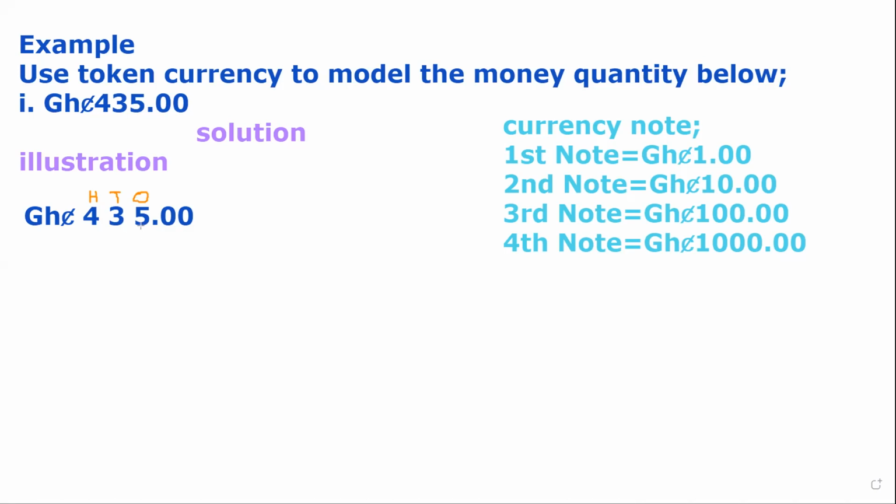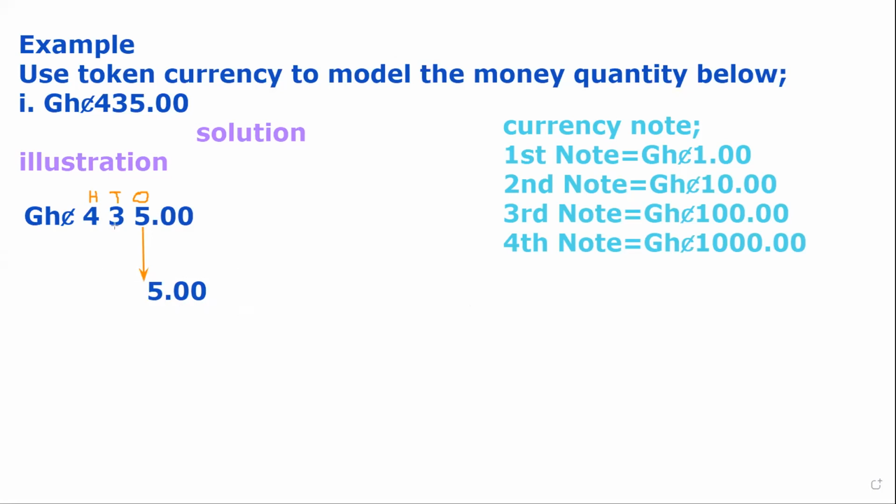And the place value is the position where this number has been placed. So looking at the 5 here, it has been placed at the ones position. So the real value will be 5, the face value, times the place value, which is 1. So 5 times 1 will be 5 cedis. That is the real value for the 5.